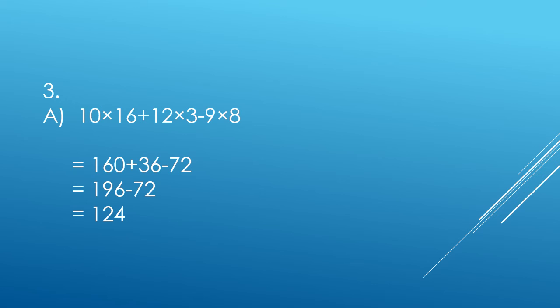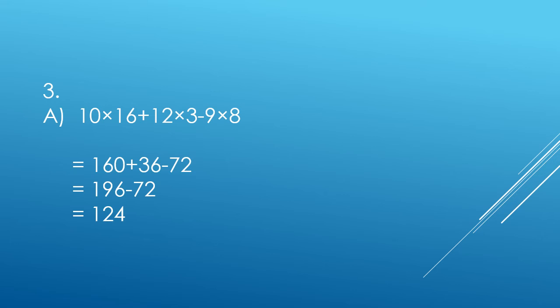Now after this, we are having a minus sign. So note down the minus sign as it is. Now we are having 9 multiplied by 8, that is 72. Now our expression is 160 plus 36 minus 72.